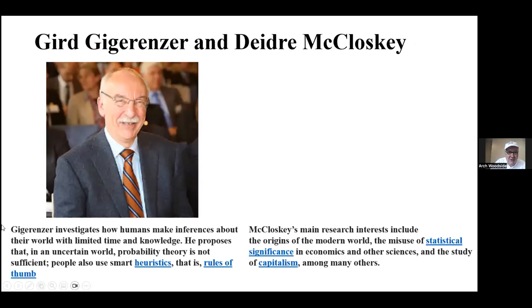Now, here's a picture of Gigerenzer. He's in Berlin. He was at the Planck Institute. The German culture forces people to retire at 65. He's actually now 73 years old, and he's still full of vim and vigor, and he's still working brilliantly.